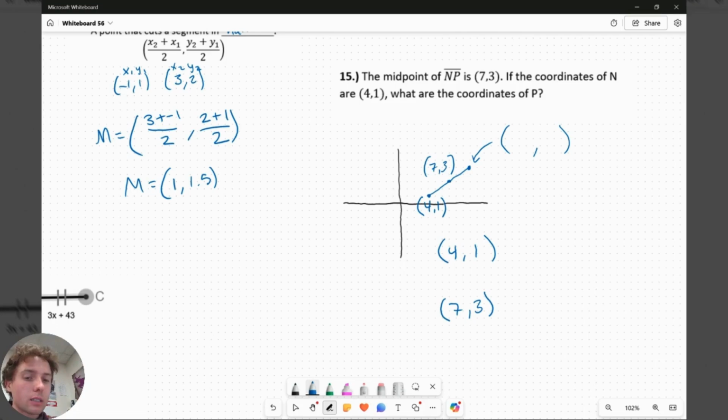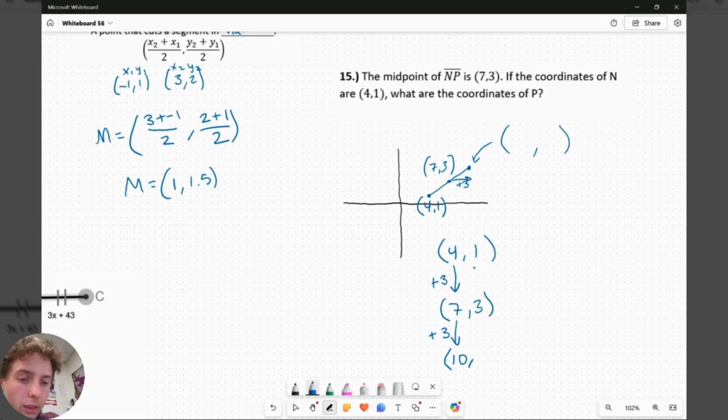For example, from going from 4 to 7, what we did is we added 3 units. We went 3 units to the right. That means our graph now should also go 3 units to the right. That means that our new coordinate should have an x value of 10.